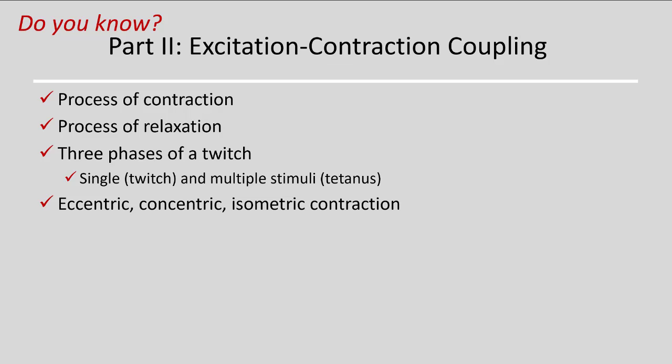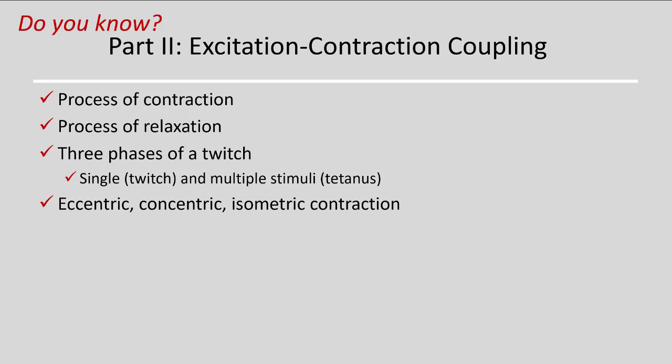You should know that there are 3 phases of a twitch. There's the latent period where all of the calcium and the binding, and tropomyosin moving is taking place. Then you have the contraction phase where cross bridges are happening, and then you have the relaxation phase. You should also know how to activate a twitch to make greater force.